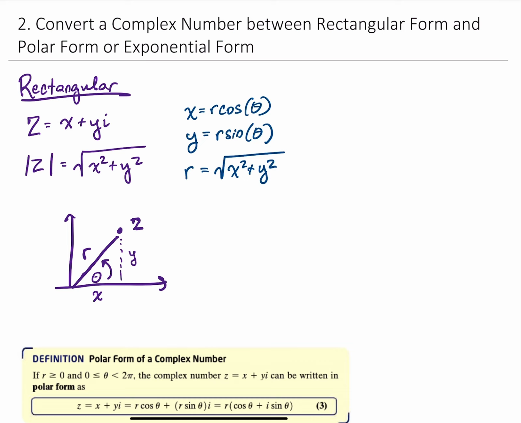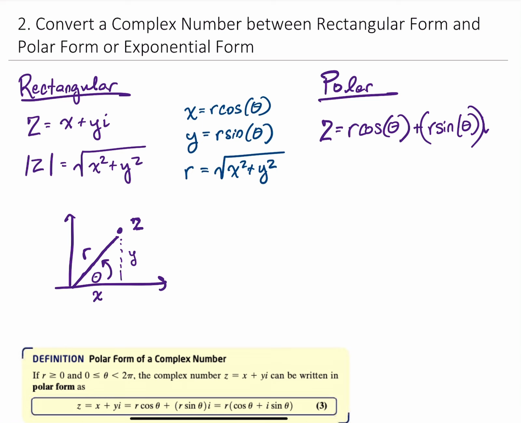So let's convert the rectangular form to polar form. I can say z, instead of x, I'll swap that out with r cosine theta plus yi. So y is r sine theta, and this is multiplied by i.